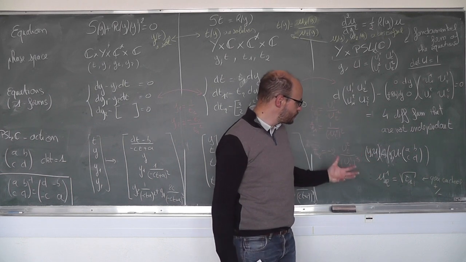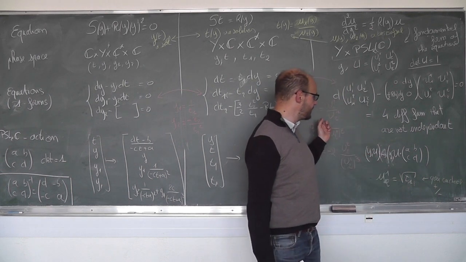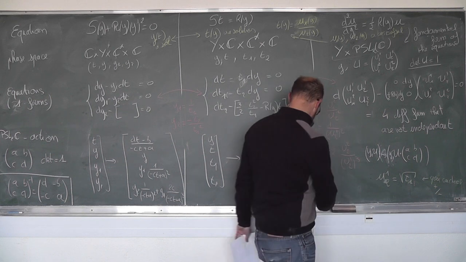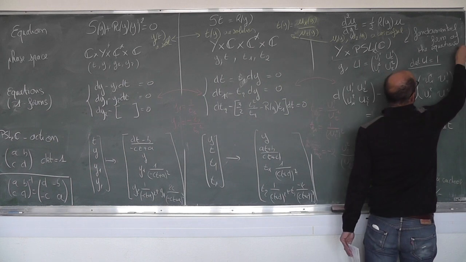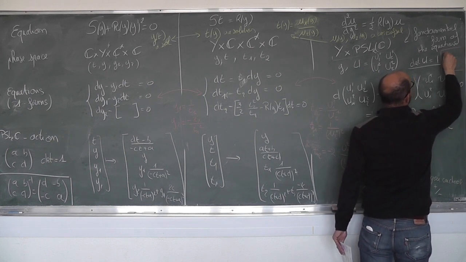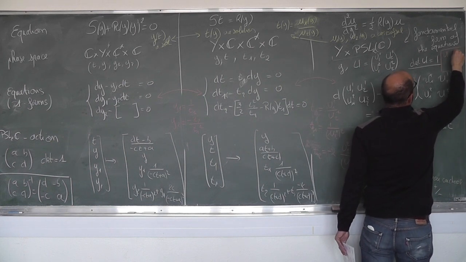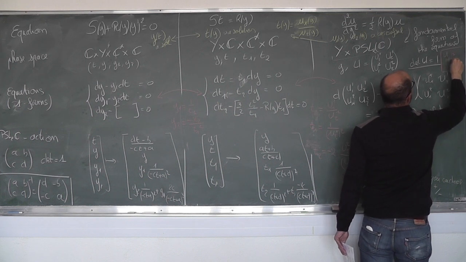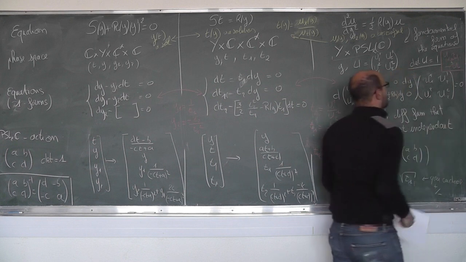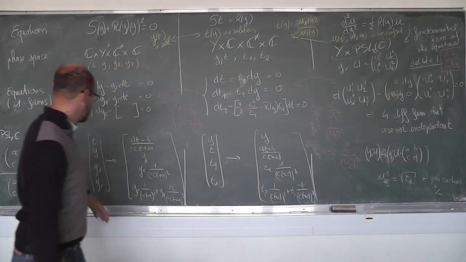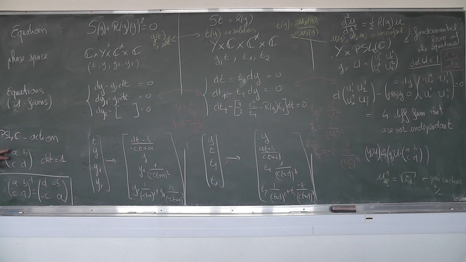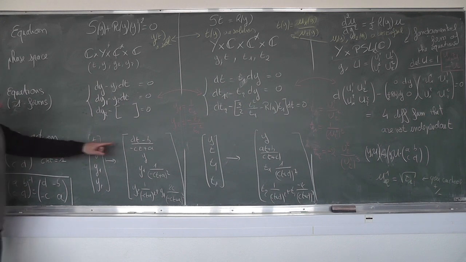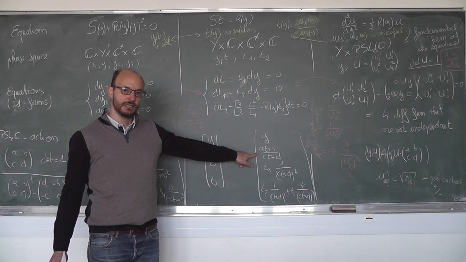As soon as you choose one, you have a well-defined map, and you remember what was written here, and that I erased, that for us, u is identified with minus u, because this matrix and its opposite matrix give you the same fraction here.